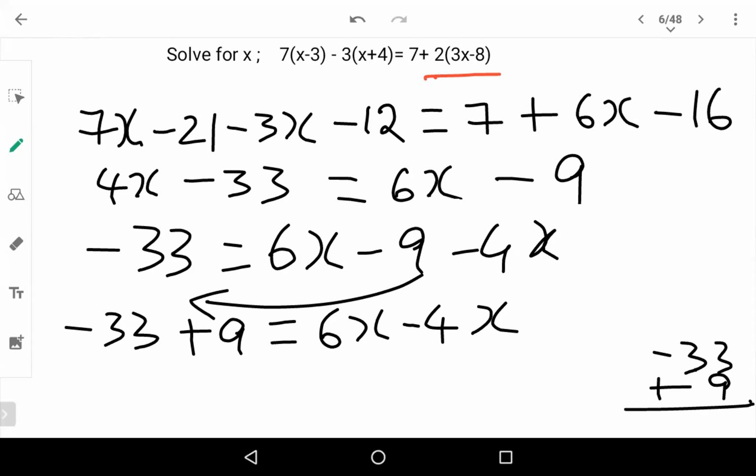So, what is the sign for the bigger number? Minus. So, 33 and 9, if you subtract, you get 24. But I am supposed to retain the bigger number sign, that is nothing but minus 24. Okay. So, minus 33 plus 9 will give me minus 24.